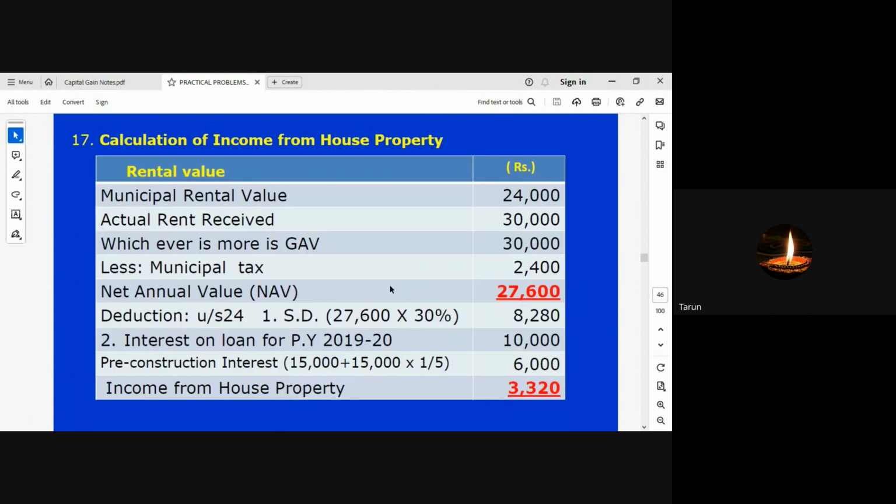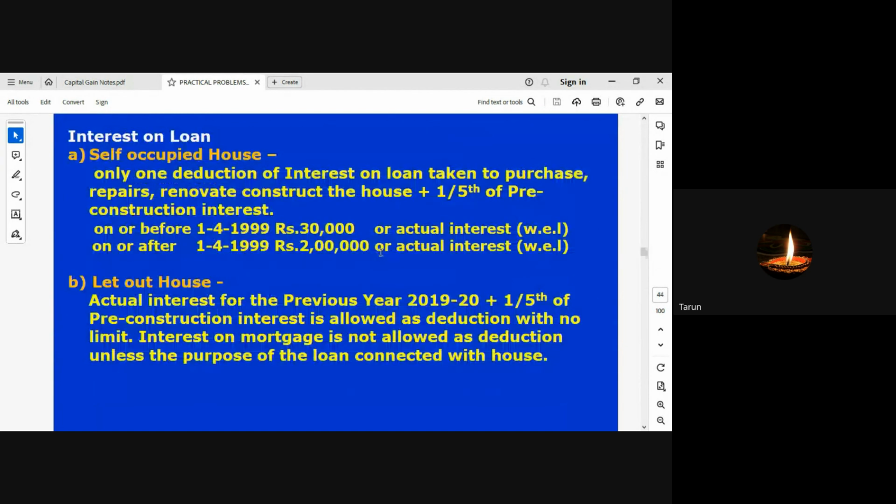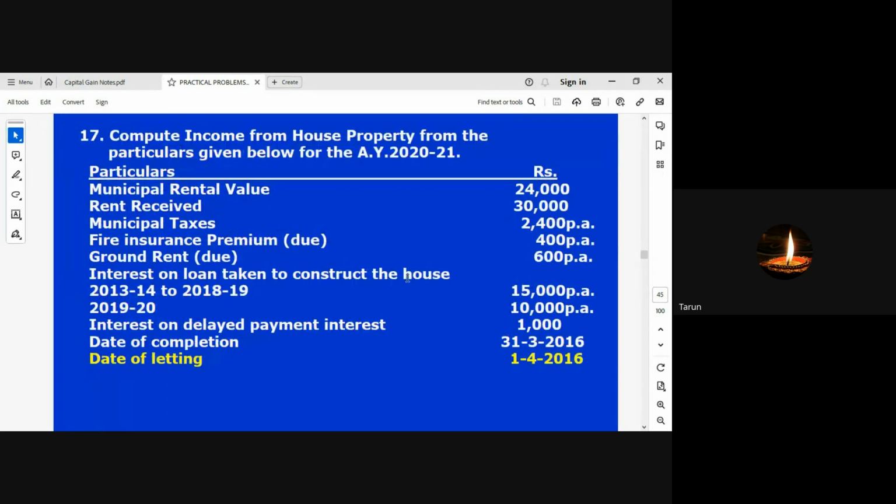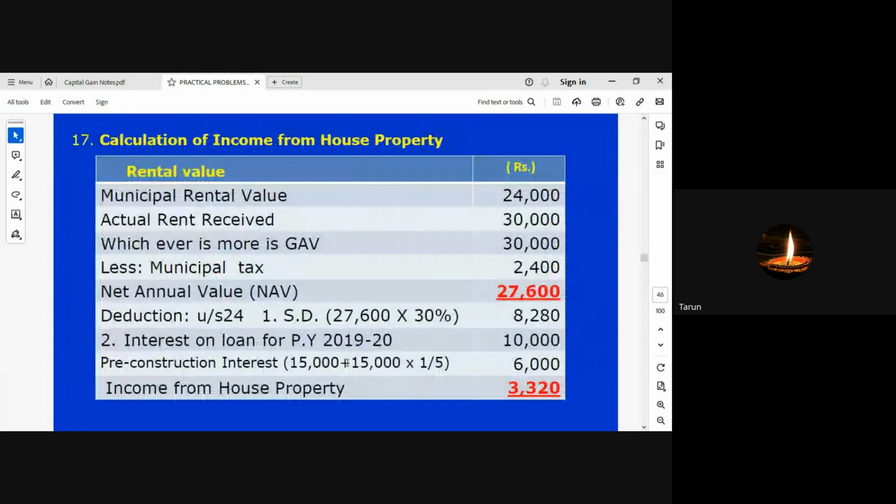Correct. Yes. If you have any doubts, just let me know. Read this particular information for your reference. We have considered pre-construction interest of 30,000, so accordingly we took 30,000 in the question only. See, we have estimated 15,000 plus 15,000 into 1/5.